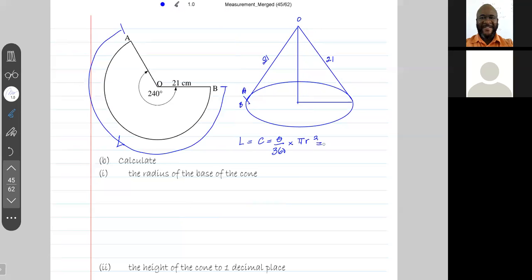So it is 240 over 360 times pi, which is 22 over 7, times radius, which is 21. So it is the length of the arc of the sector that becomes the circumference of the base of the cone.